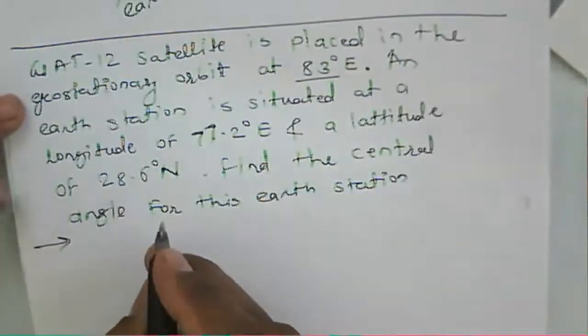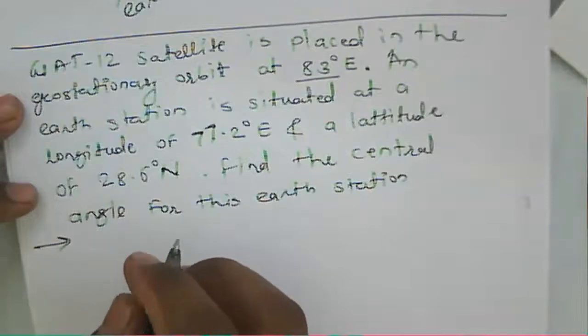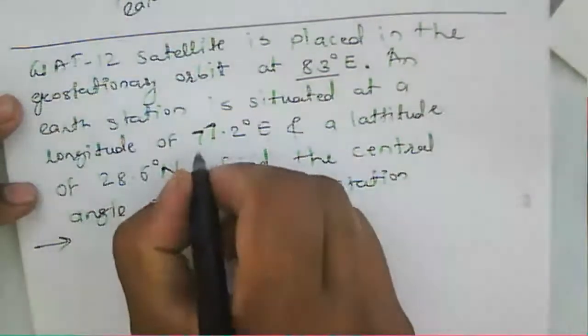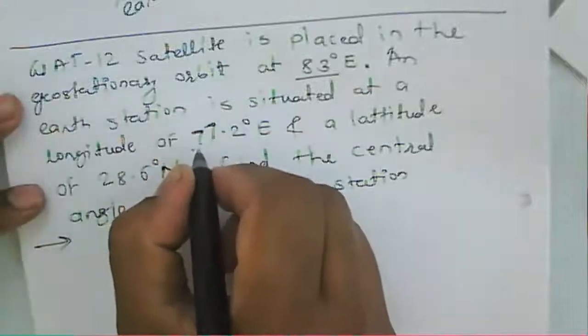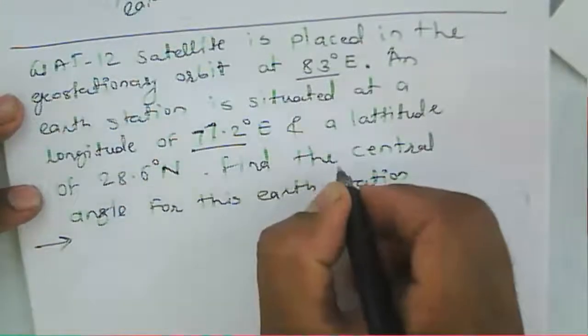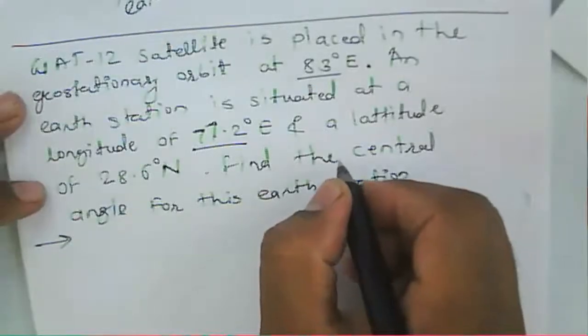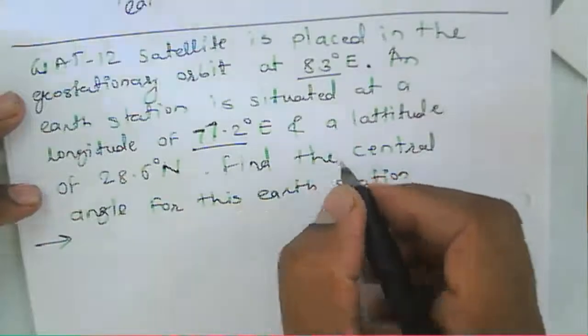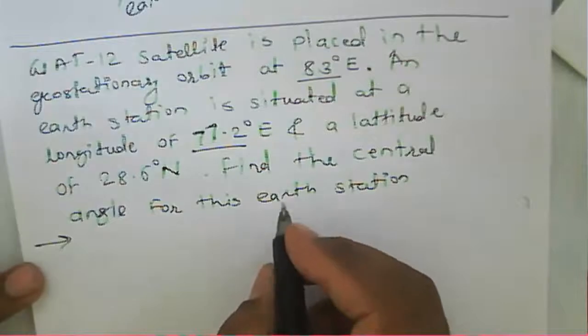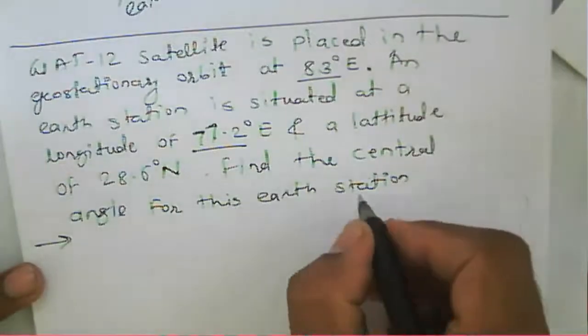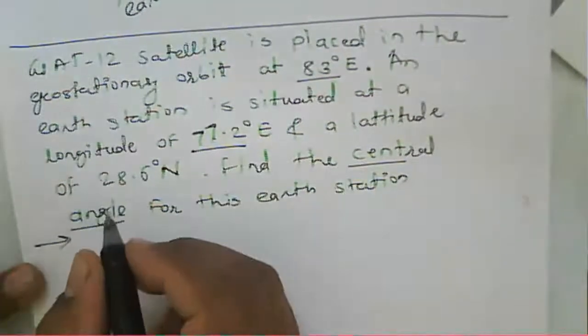Now the location of the satellite orbit, the geostationary satellite orbit, is given, and then the longitude and the latitude are given. So we can consider that longitude and latitude, and using that we can find out the central angle.